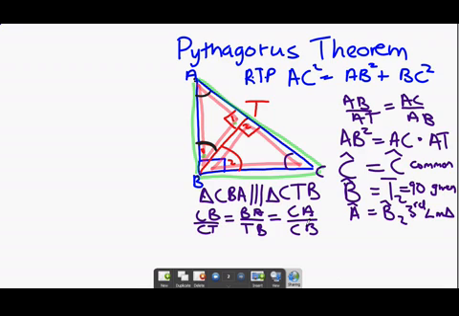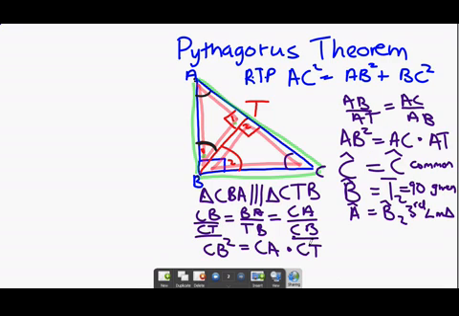Now, I want to come up with a square. The only one which can give me a square is this one with CB here and CB here. So this will give me CB squared is equal to CA multiplied by CT.